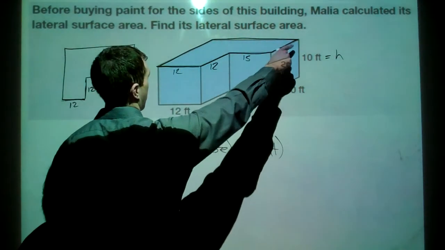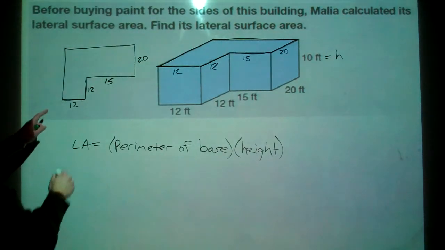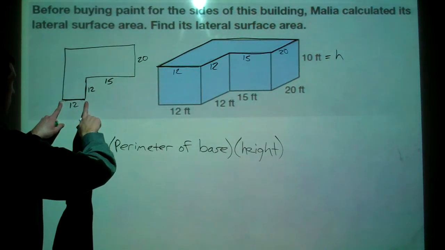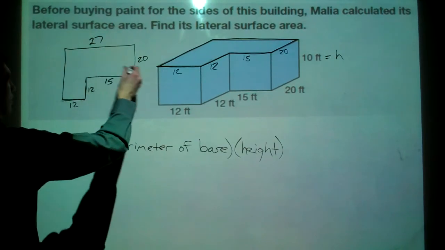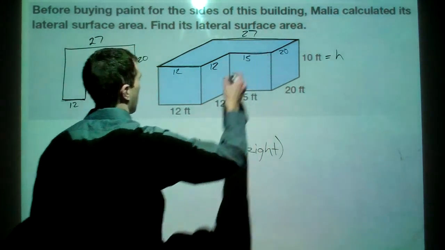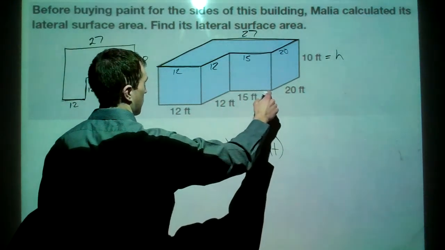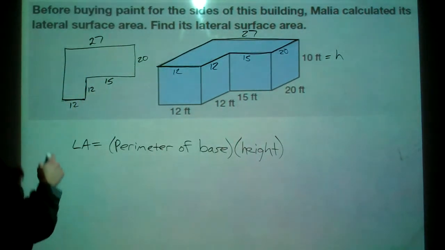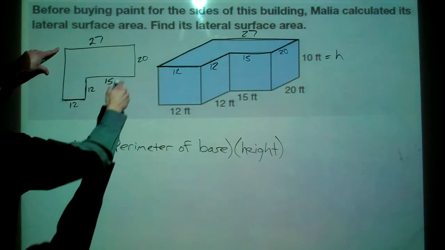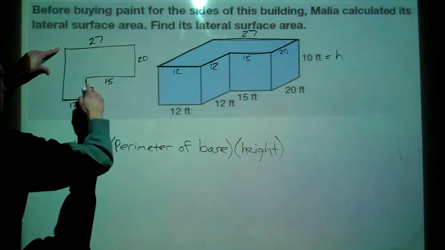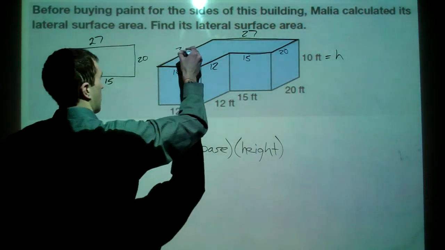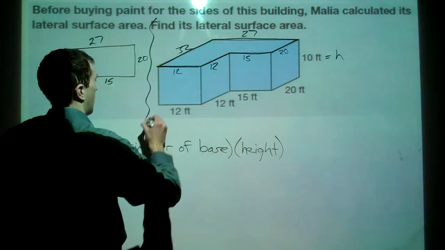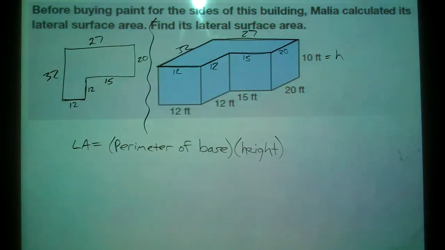That would be this top part right here. That looks like it's going to be 12 plus 15, so 27. That's this right here. 12 plus 15 to get that. And then we want this side, which is 20 plus 12, 32. So this one would be 32. And we'll just split those up. That'd be your top view there.